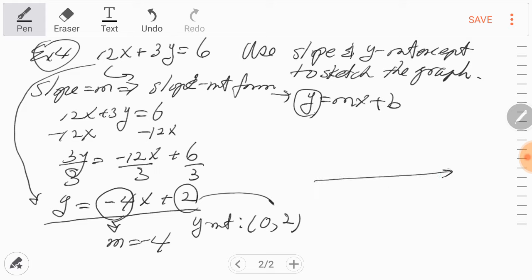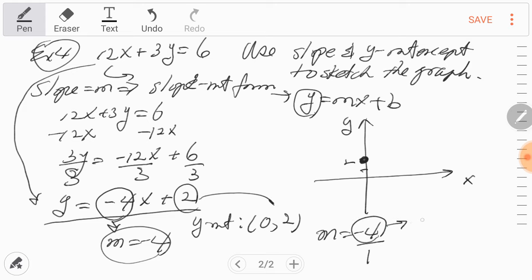Then plot the y-intercept, x equals 0, y is 2. From this point, let's move horizontally and vertically. The slope is negative 4, which means negative 4 over 1.